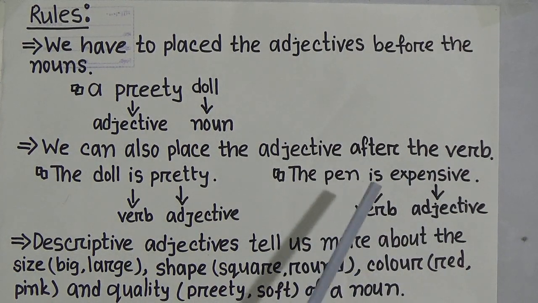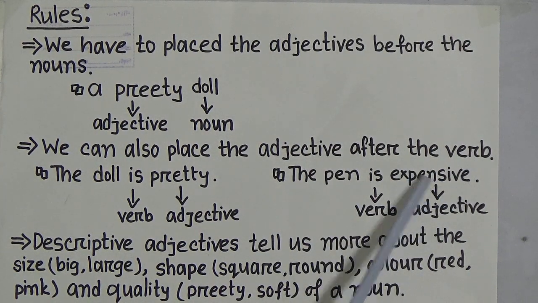Here, "is" is the verb and "expensive" is the adjective. Number 3, descriptive adjectives tell us more about a noun: size can be big or large, shape can be square or round, color can be red, pink, yellow, and quality can be pretty, soft, ugly, beautiful.